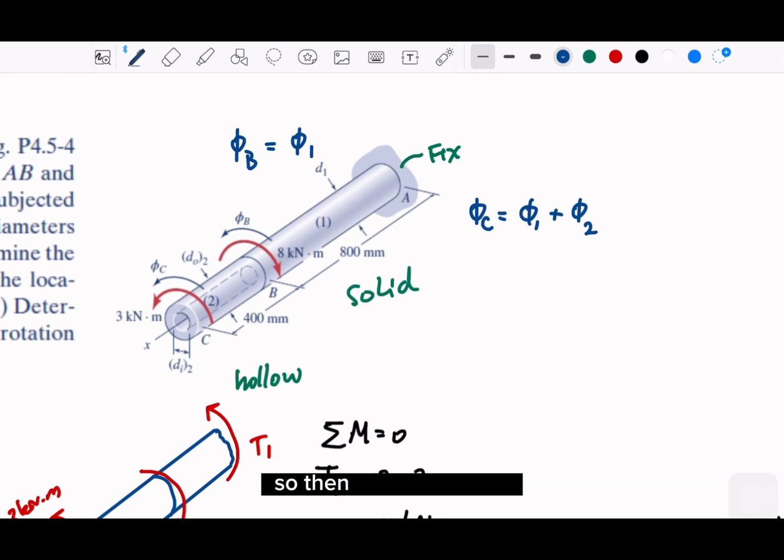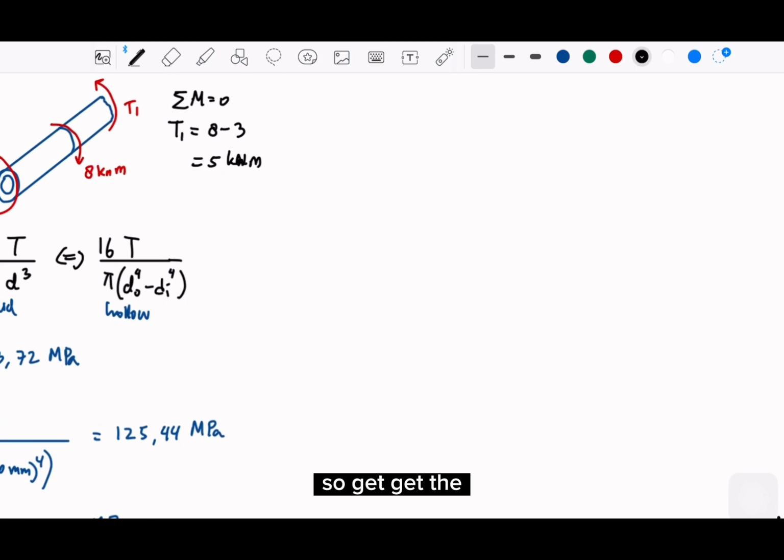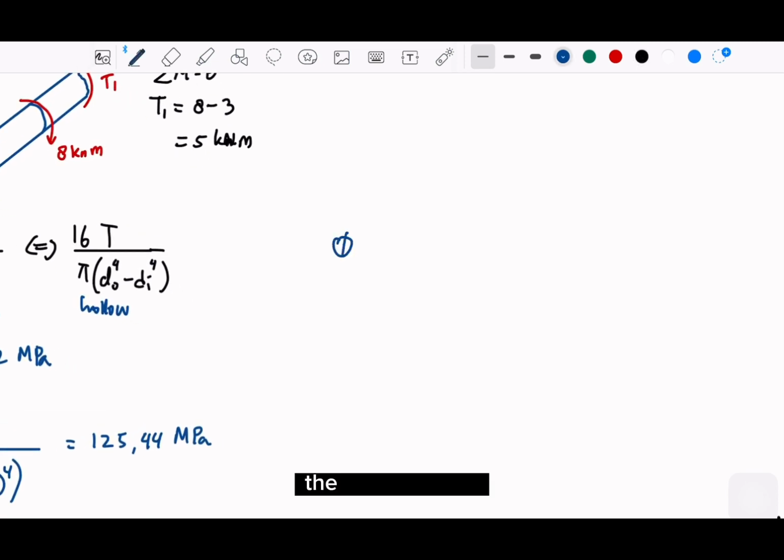So then the next step is we need to find the angle 1 and angle 2, which are similar, or we say the steps are pretty much the same as with the elongations, right? So we get the twisted angle is T, L, over G and inertia, right?